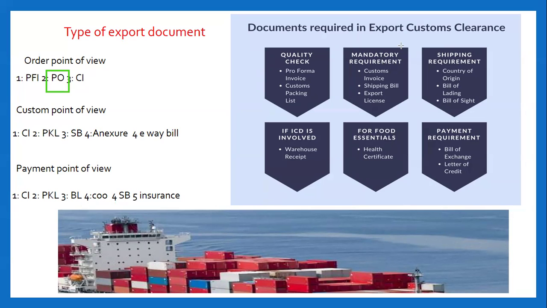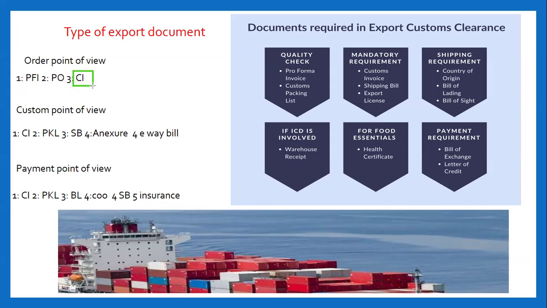The purchase order is a very important document. Only after receiving the purchase order should you prepare your export planning. Otherwise you may face problems, like dispatching goods when no order has been received from overseas. The purchase order is the written document where the buyer requests you to dispatch the goods.